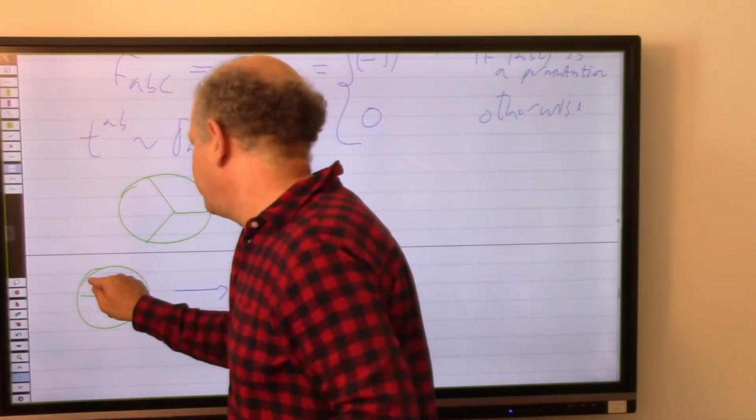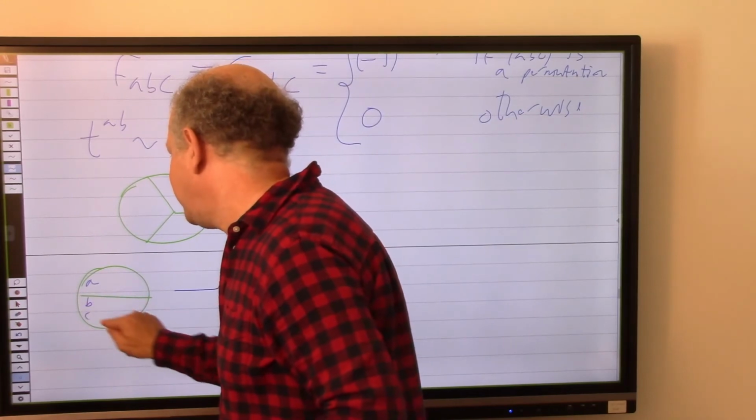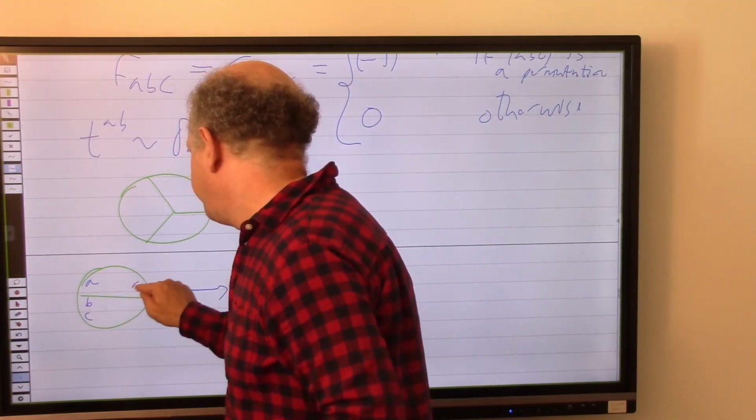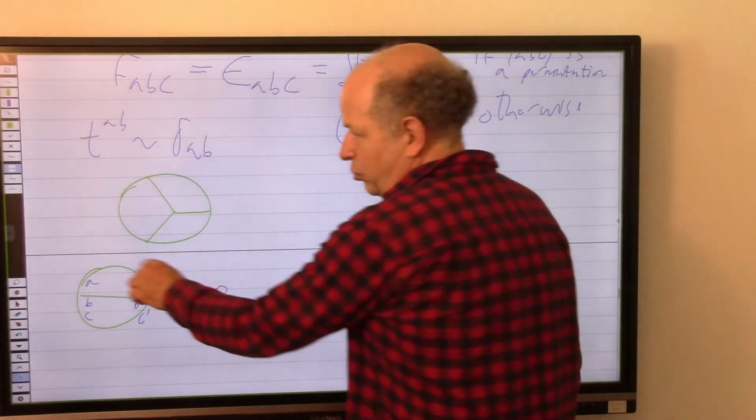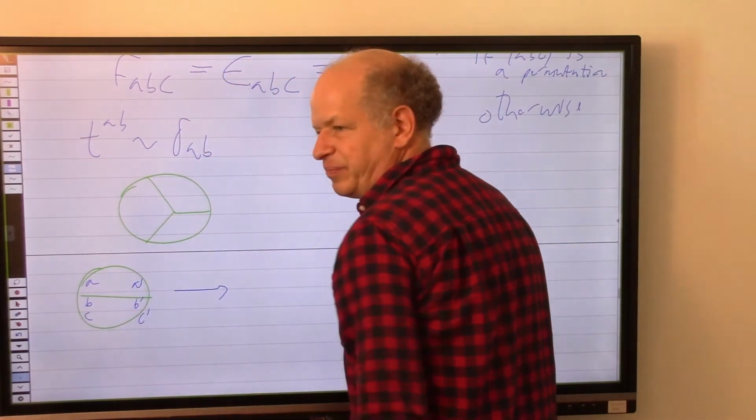Really, here I'm going to label it A, B, C, A prime, B prime, C prime. Those are the rules. I need to label each edge twice.